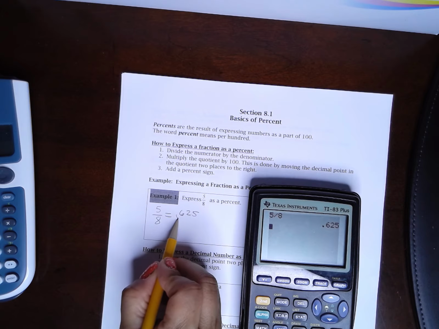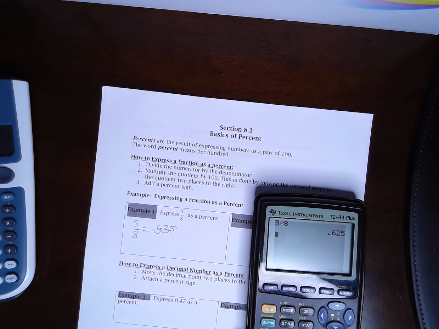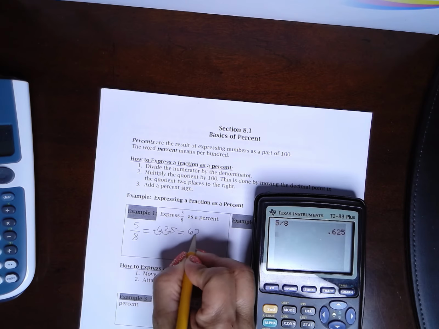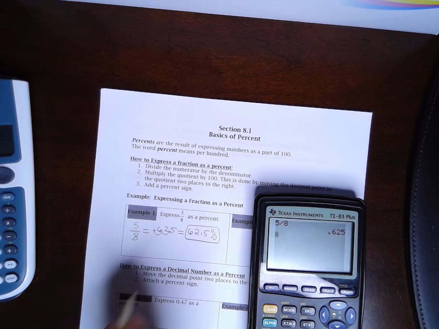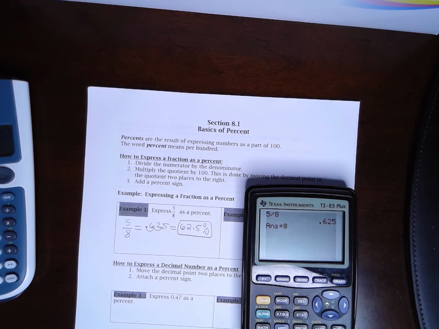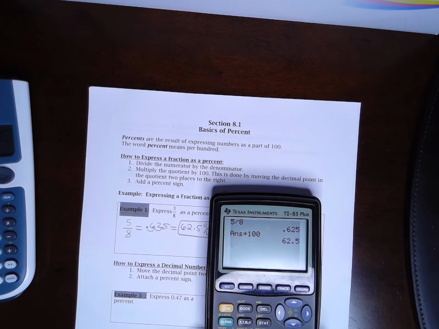And then we can move the decimal point over twice, and that will give you the final answer, 62.5, and insert the percent sign. But if you want to multiply that answer by 100, that's how you can also get the answer of 62.5. So the best method is the one that you remember when you're being assessed.